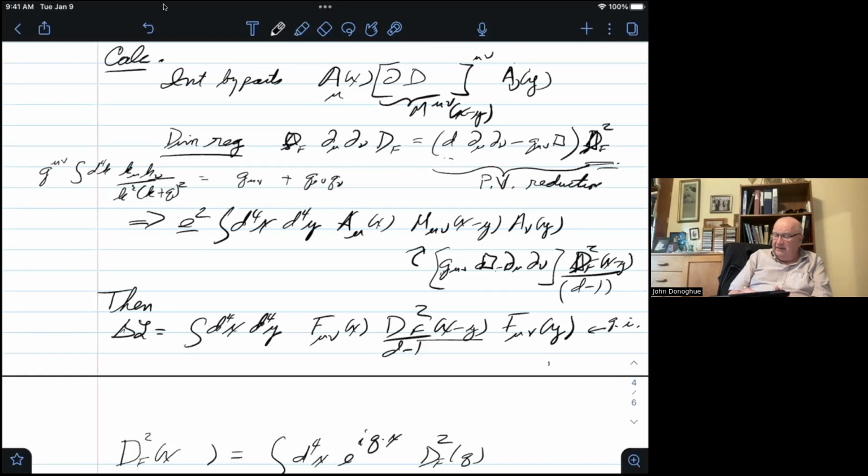So basically, it's an easy integral to do by contracting this. If I do g mu nu here, g mu nu there, I'm sorry, that was bad notation, I'll correct that later. I get a factor of D here, and so there are some coefficients.